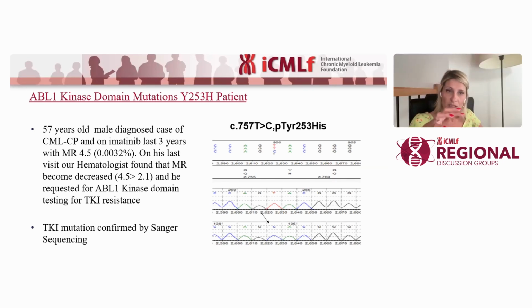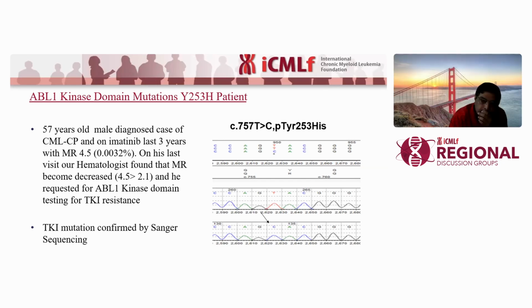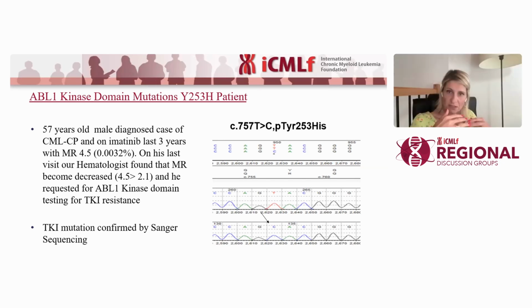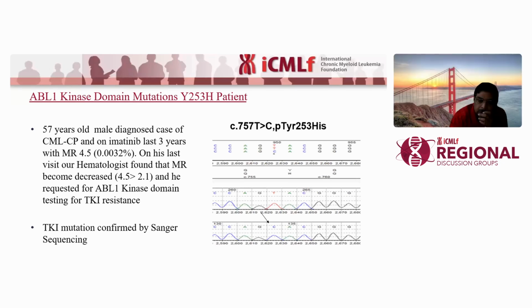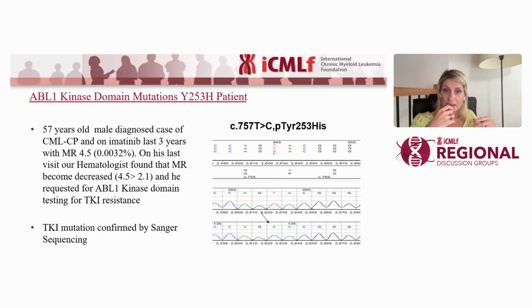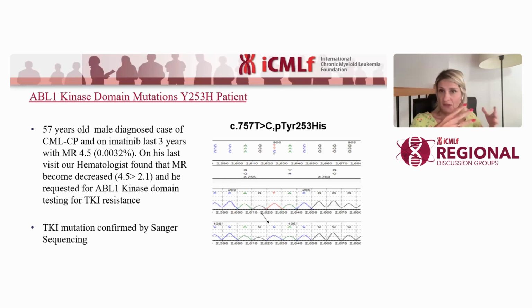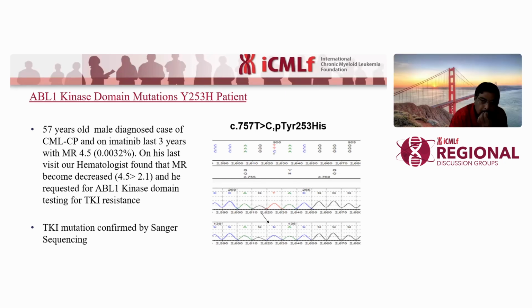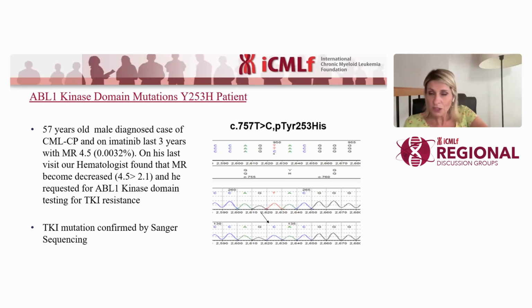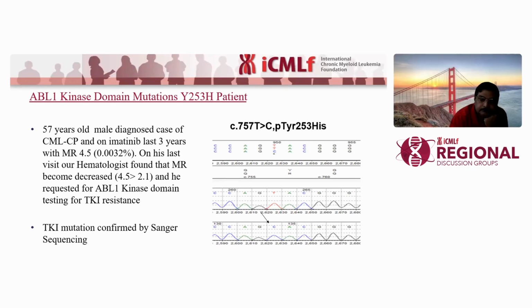In this patient, there was a huge increase in the BCR-ABL transcript levels, from a deep molecular response to quite high levels of transcript. And in all these cases, Sanger sequencing is sufficient to detect a mutation, as demonstrated by the fact that the mutation was indeed detected and it was 100% of the transcript.